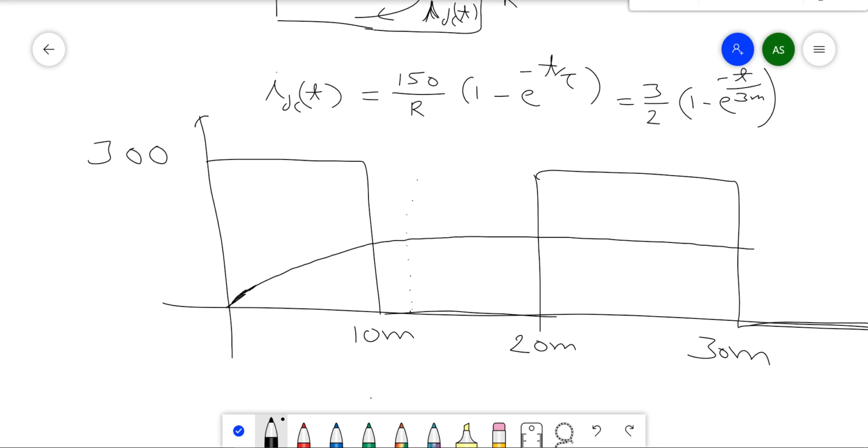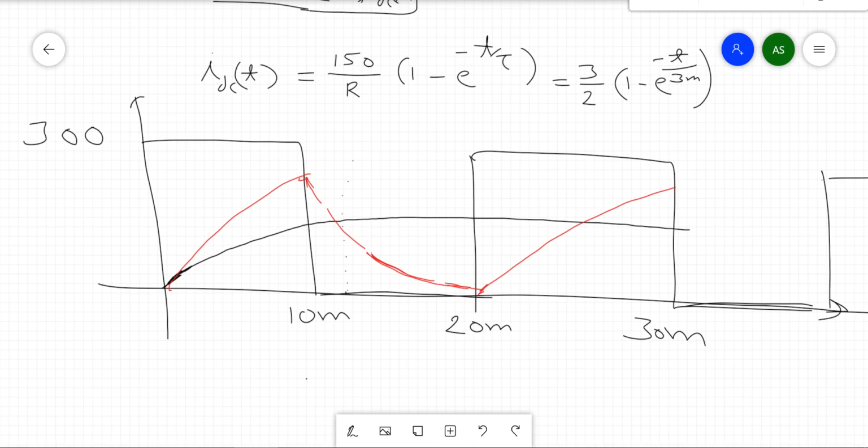Okay, so this is the IDC(t), and what is the total current? We also know that the complete waveform of the current will be like this. We have calculated this value. This was our X, the value was X, this was Y, and this was, so the current will continue.